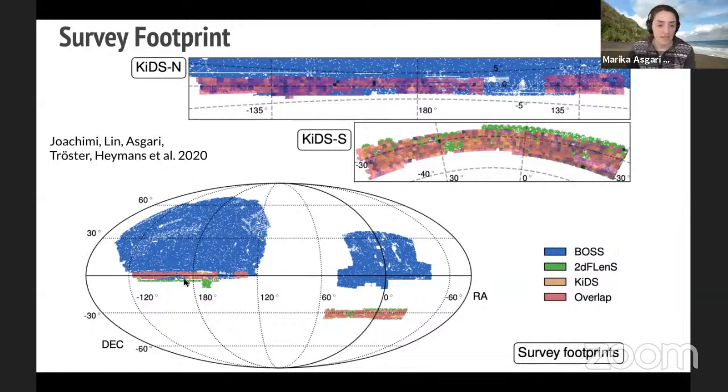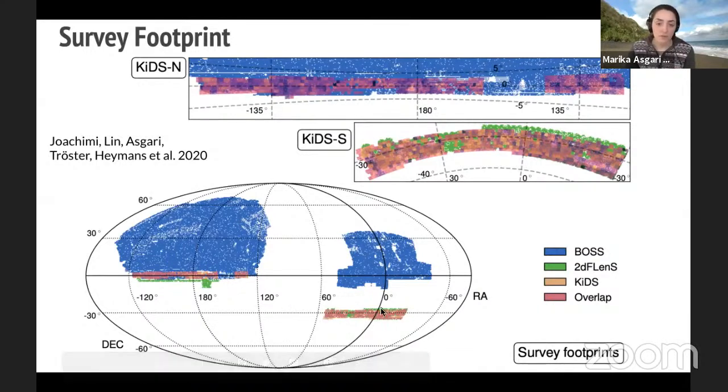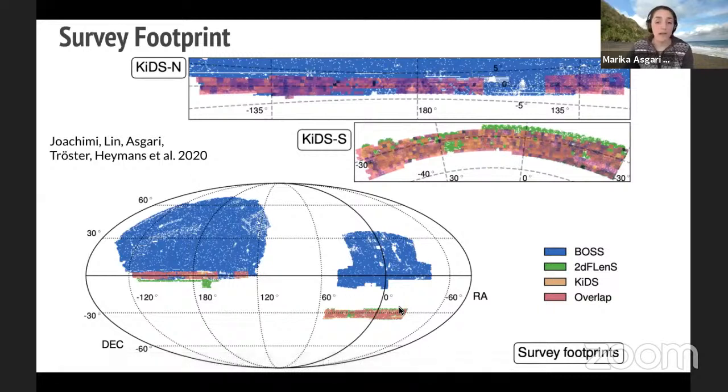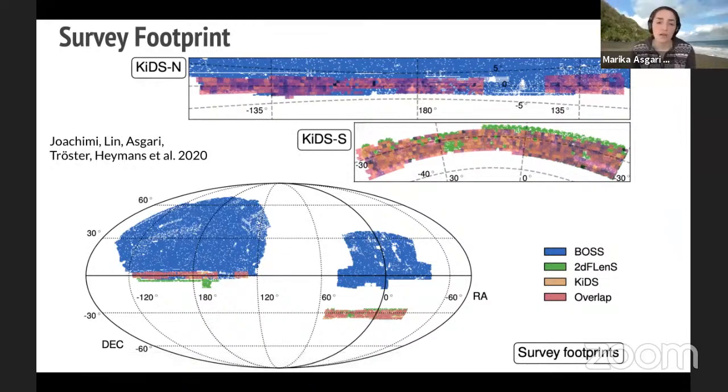And you can see it has overlap with KiDS North, but it doesn't have any overlap with KiDS South. So for KiDS South, galaxy-galaxy lensing, which needs overlap between the 2 samples, we use 2dFLenS. And 2dFLenS is another spectroscopic survey, which is quite similar to BOSS.